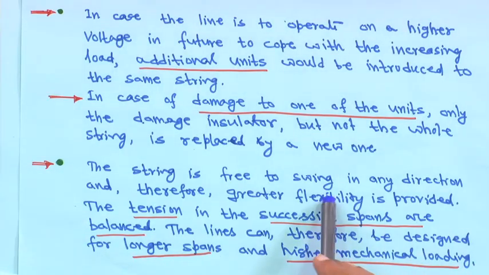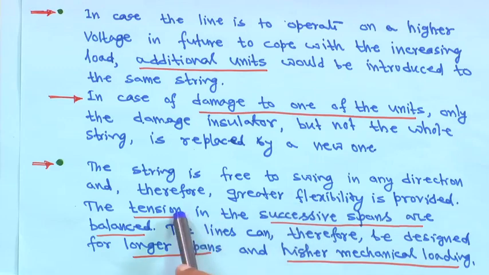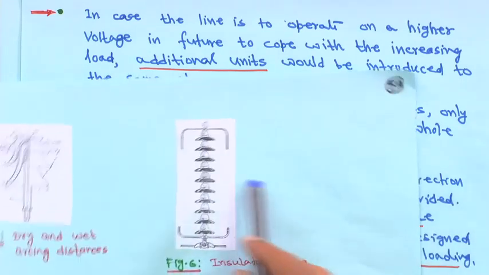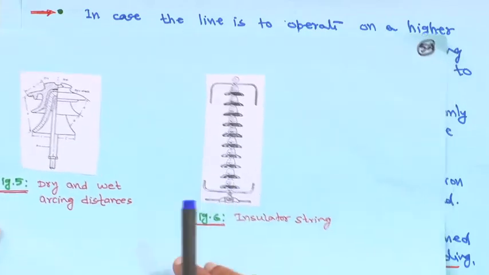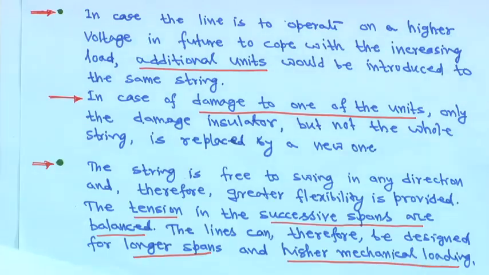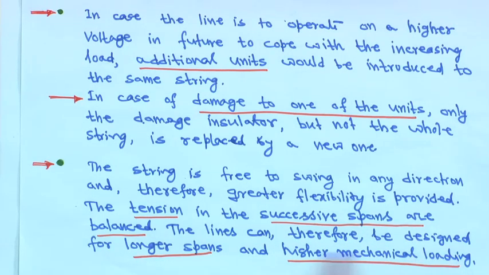Now, the string is free to swing in any direction, and therefore greater flexibility is provided. It can swing in any direction, particularly during strong wind or storm. Even then, the distance between the two towers is designed accordingly. Another aspect is sag and tension, which we will see later, maybe in the 4th or 5th chapter. The tension in the successive spans is balanced, so the lines can be designed for longer span and higher mechanical loading.